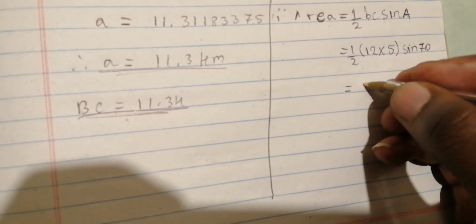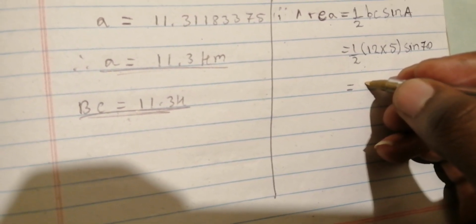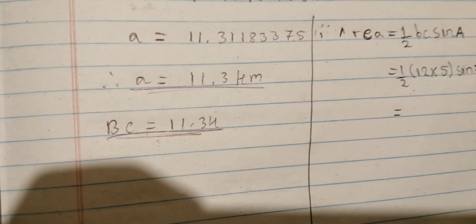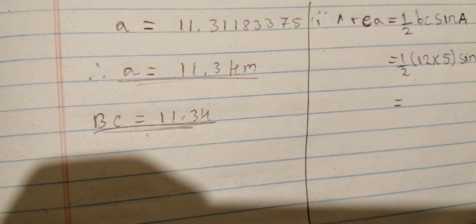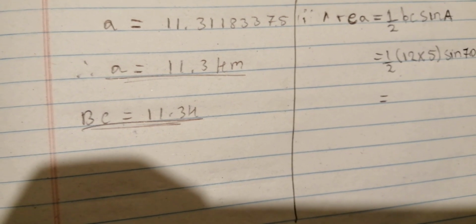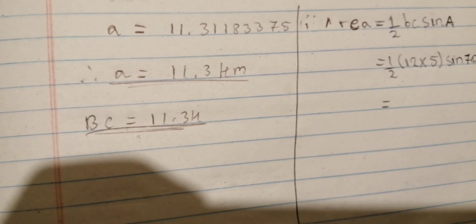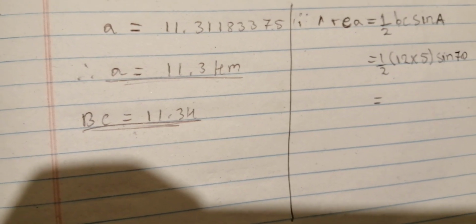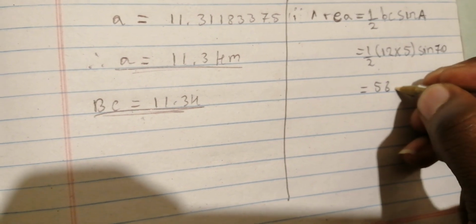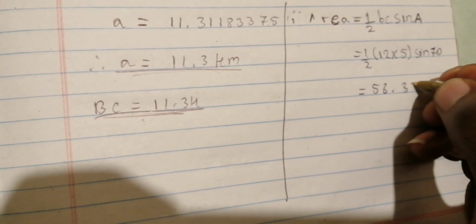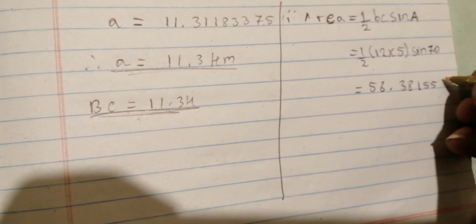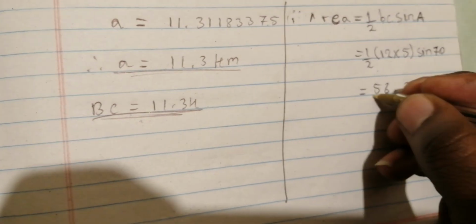If you multiply that, 12 multiplied by 5 multiplied by sine 70, this will give us 56.38155725, over 2.